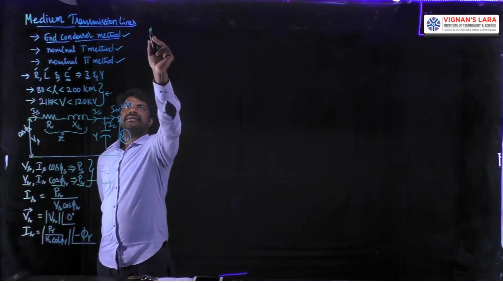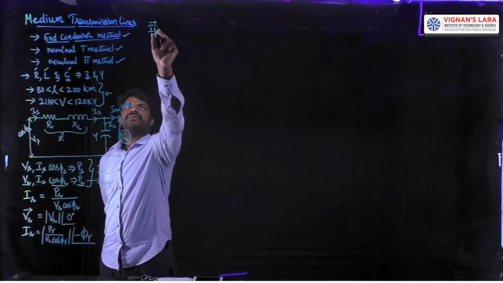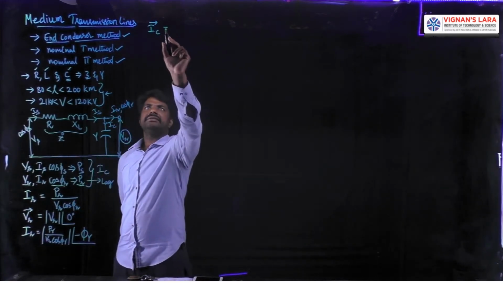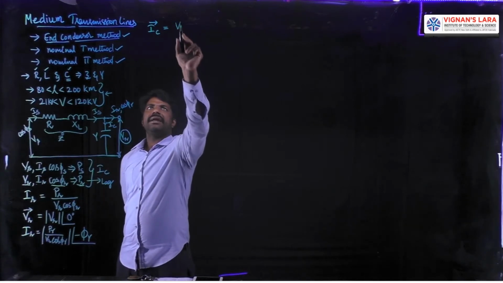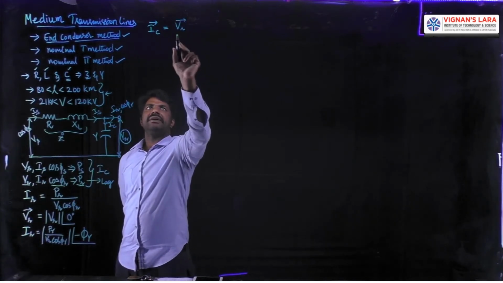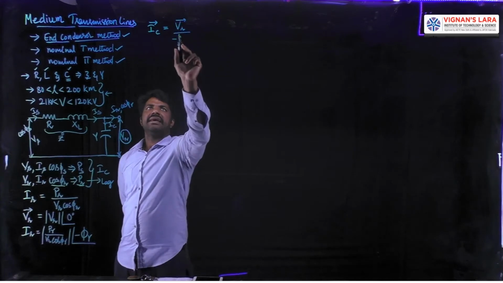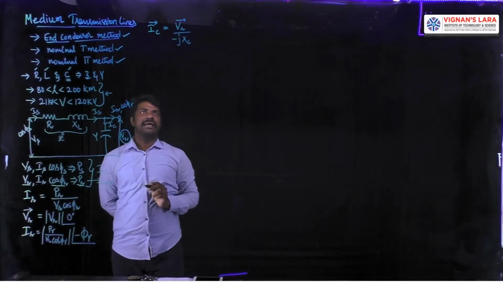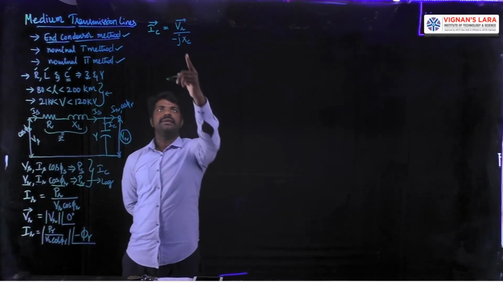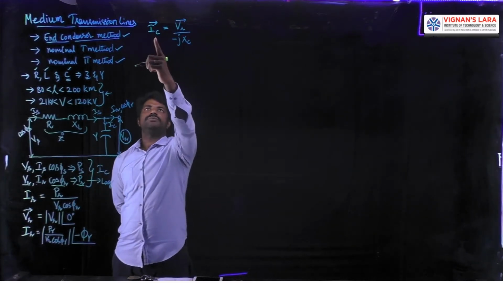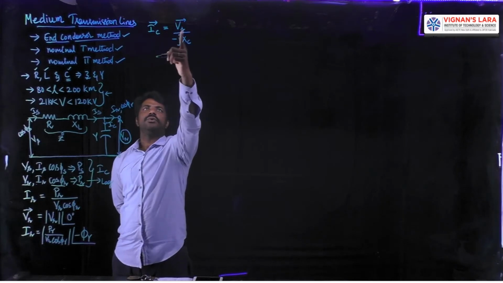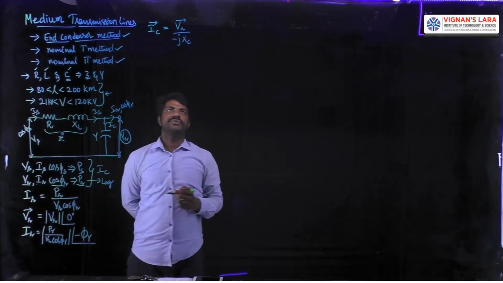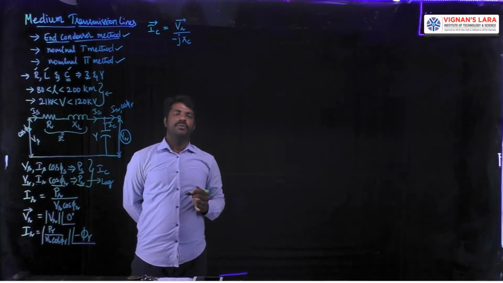The current IC, which is a phasor quantity and it is a leading current, is given by I equal to the voltage applied VR phasor divided by minus JXC, where minus JXC is called capacitive reactance in ohms. As we know in Ohm's law the current I is equal to V by R. R should be in ohms. Therefore, this capacitive reactance is also presented in ohms.